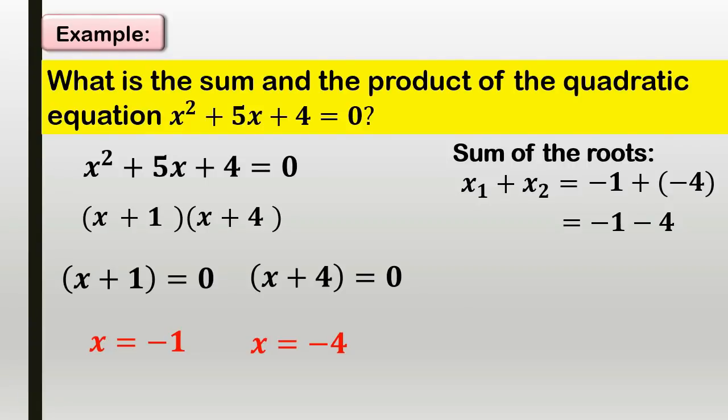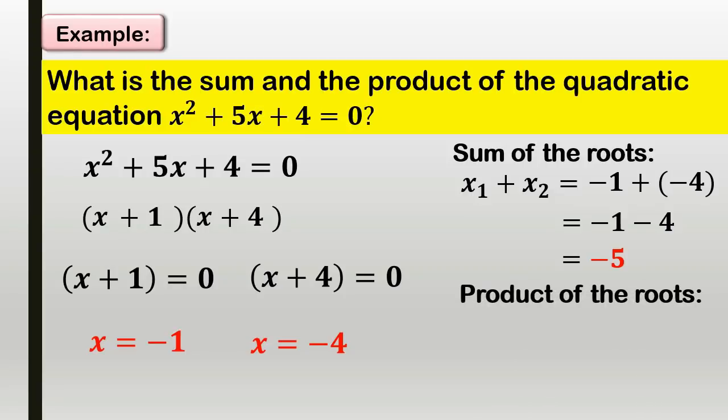Okay, so, next, since pareho ang lumabas na sign, so meron tayo negative 1 minus 4, what we're going to do here is to combine. Pagsamahin natin ang value and remain the sign. So, it will become negative 5. The sum of the roots of quadratic equation x squared plus 5x plus 4 equals 0 is negative 5.